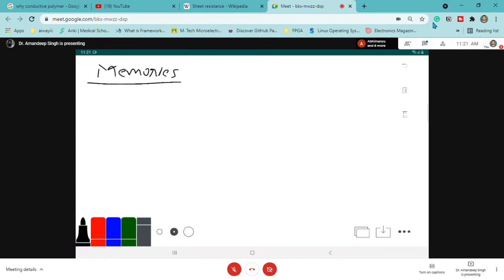But how to design these memories, this we are going to study in this lecture: what is RAM, what are the different types of RAM, how we are going to design that RAM and how that RAM is going to store the data. So let's start with the RAM first, because more designing is going on RAM instead of ROM.